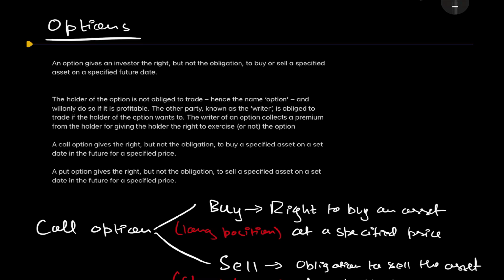Now, if someone has a right, someone else has to have the obligation. So the writer of the option has an obligation to sell to the holder if the holder wants to trade.